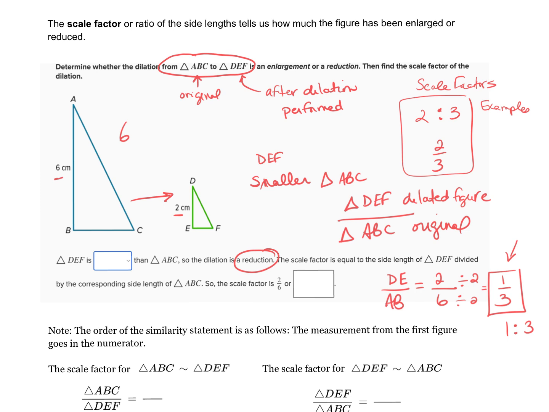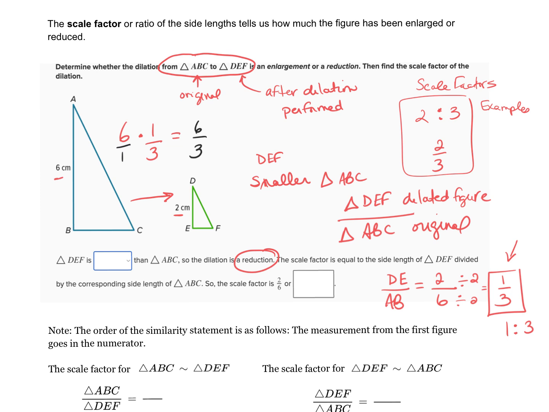But when we are performing a dilation, and we will get to that in another video, we actually always multiply. And I'm sure some of you are like, well, how do you multiply? It's getting smaller. But if I multiply by 1/3, remember I can put a 1 over a whole number to multiply straight across.